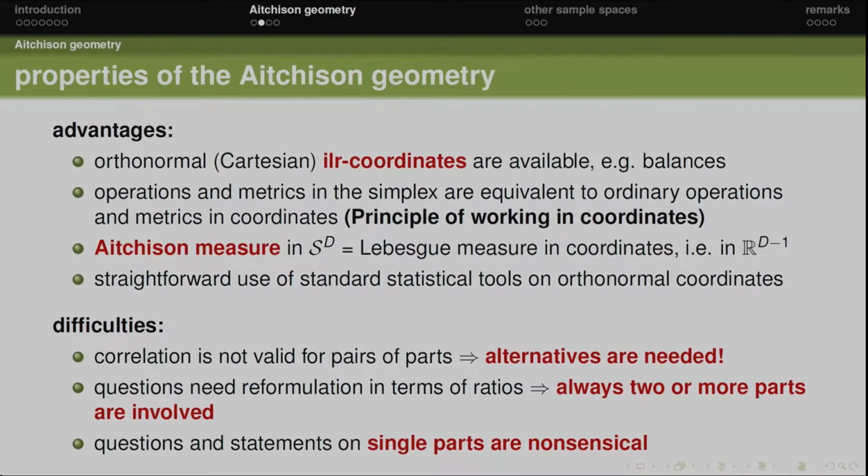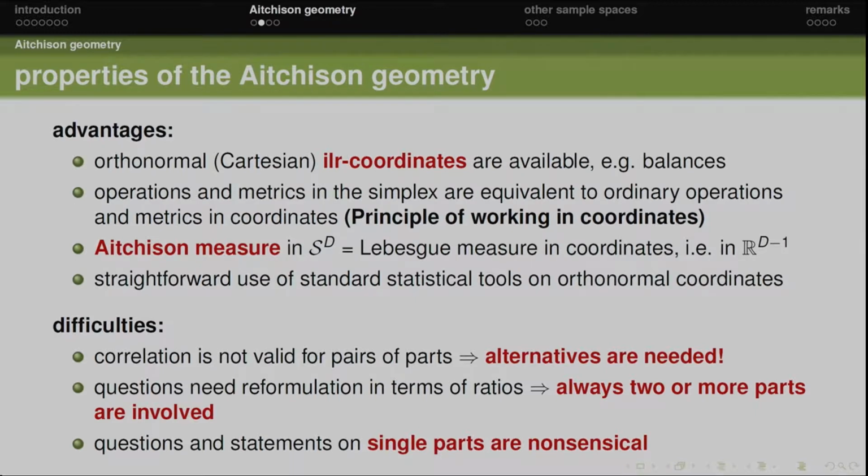Which properties does such a geometry have? It allows to define Cartesian coordinates. We call them ILR, isometric log ratio coordinates, and we will see immediately some examples of such coordinates called balances, which are, let's say, simpler coordinates.